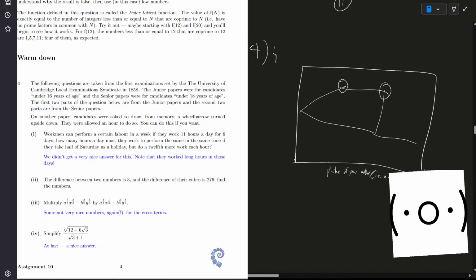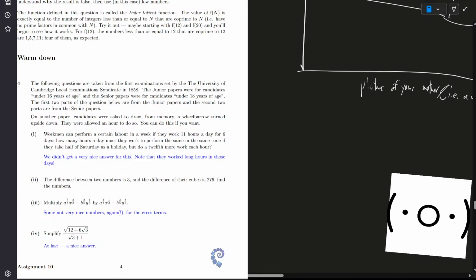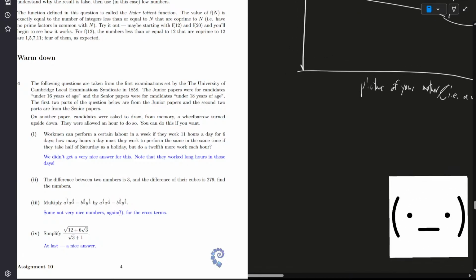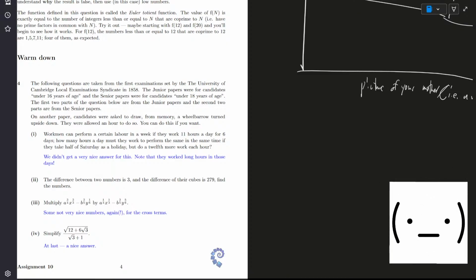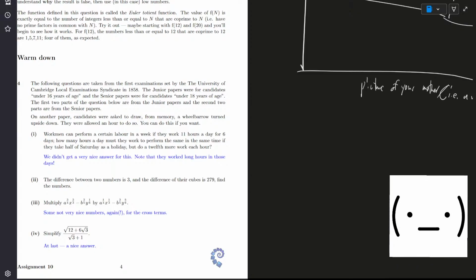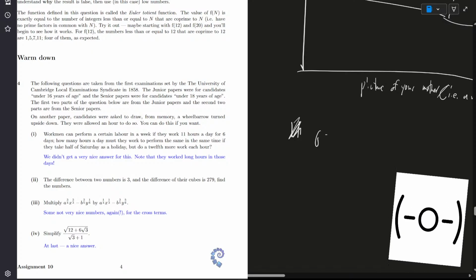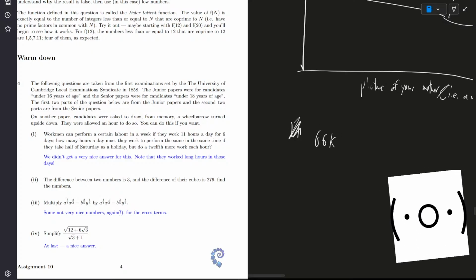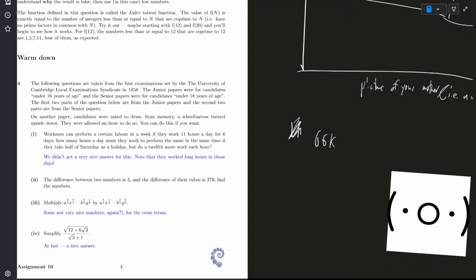Anyways, let's continue. The workmen can perform a certain labor in a week if they work 11 hours. So let's say they work some 11 hours, so 66 hours total, for some constant K work rate to achieve this.